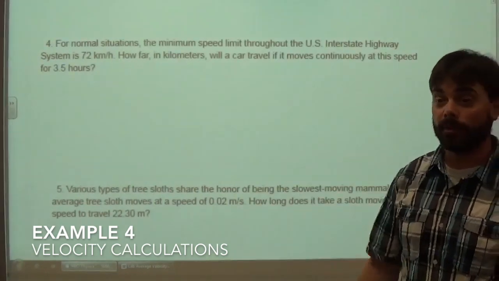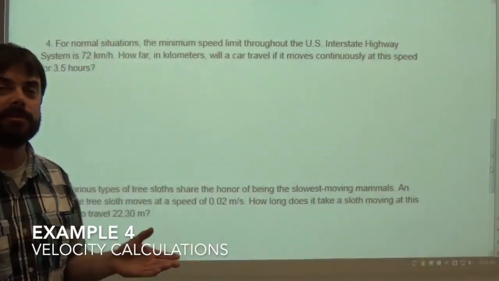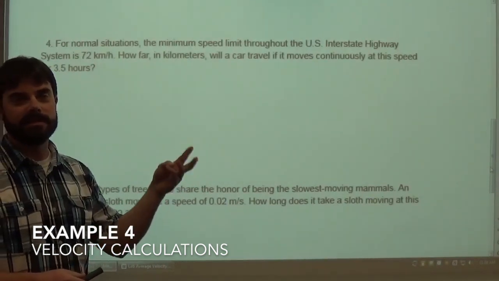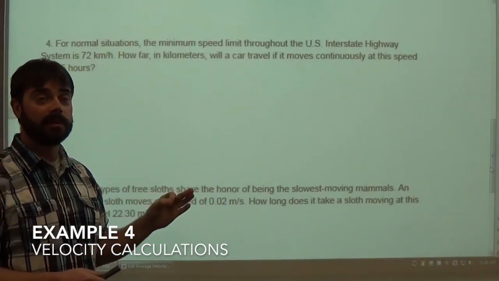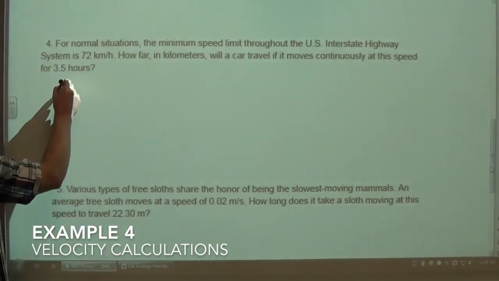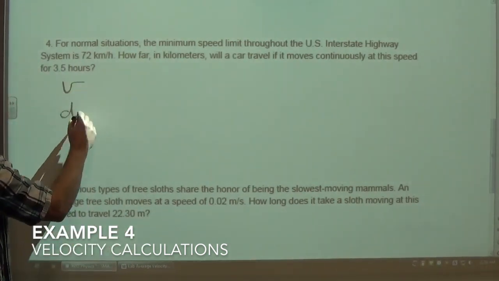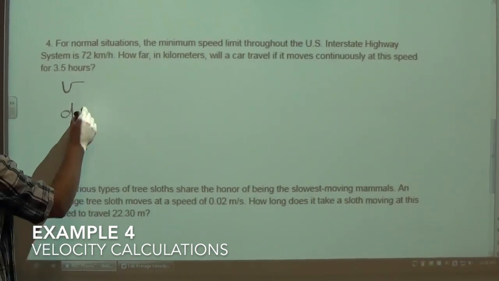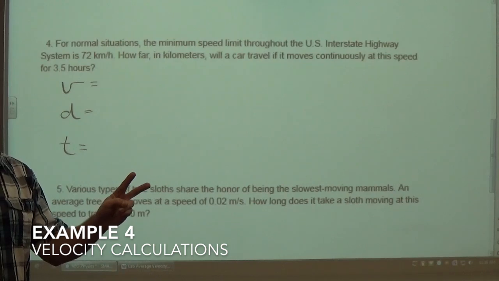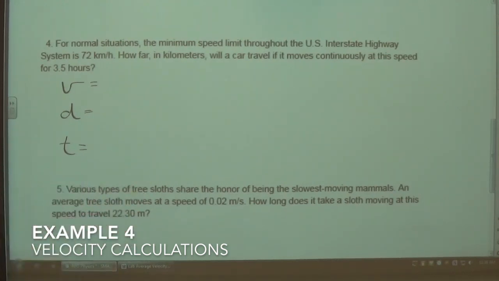For problem number 4, for all of these problems, you always want to list the distance, velocity, and the time. Those are the only 3 variables we're dealing with, and we're going to have one equation for each one. Always list the v, the d, and the t. Just know that they're going to give you 2 of the 3, and then you're going to have to solve for the other unknown.